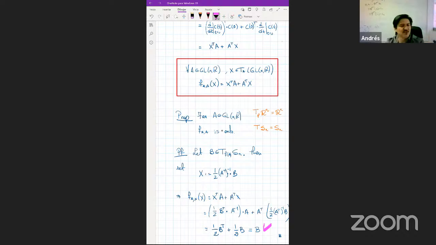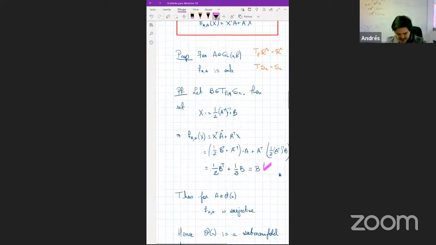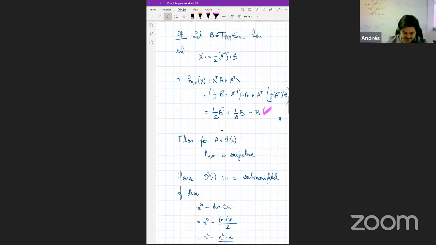The result that we used, the constant rank theorem, only showed that it was a submanifold, there was no way to compute the dimension. Later, we saw another result that will give us the dimension. And here it is. So now I will focus here. This map is surjective.